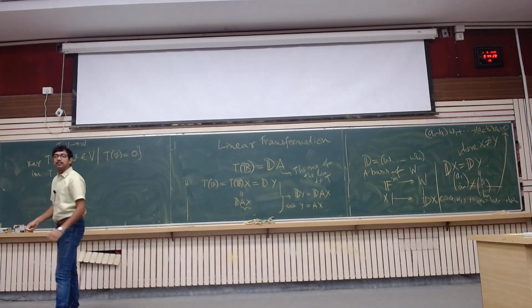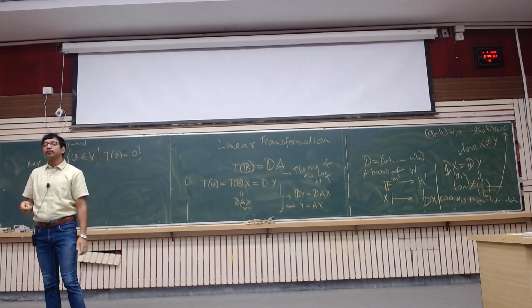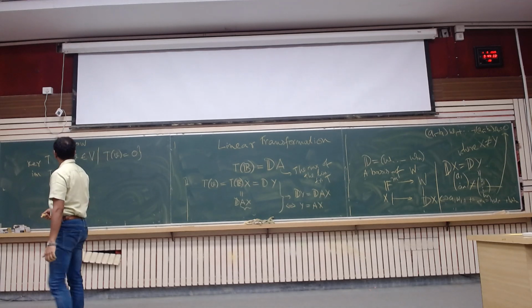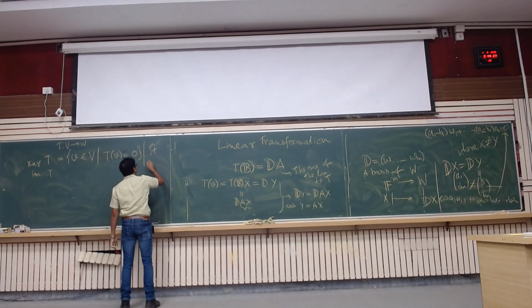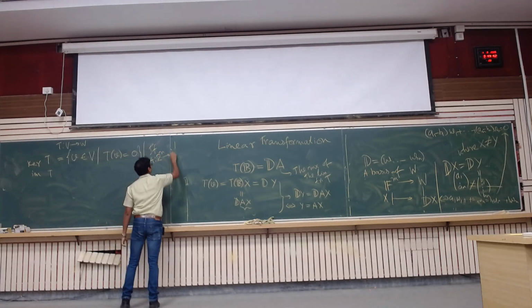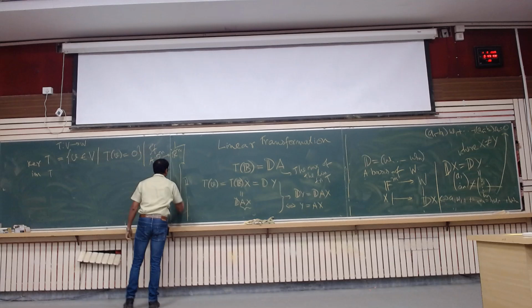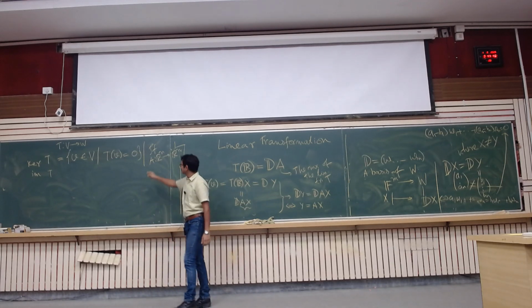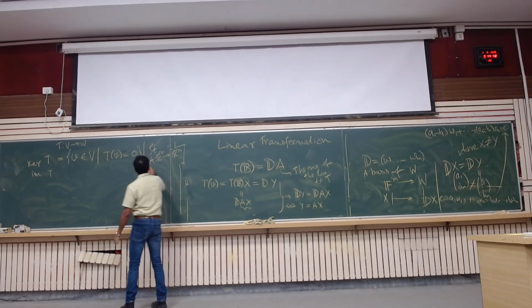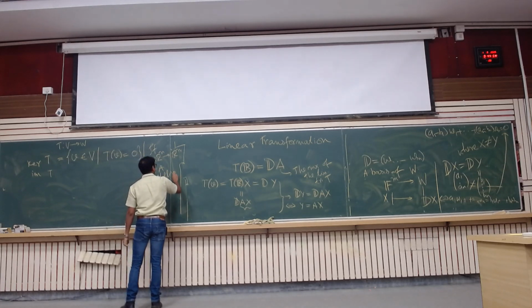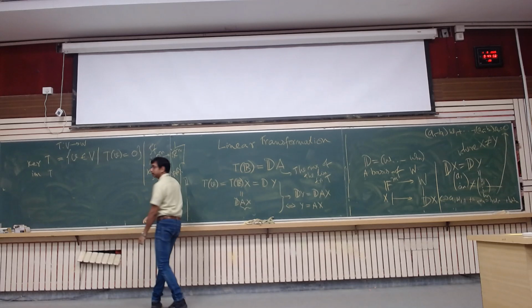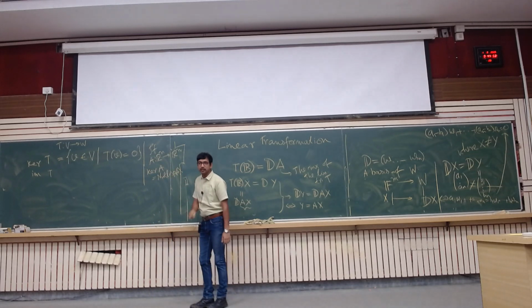So what is the difference between the kernel of T and the null space of T? Well, if A from Rn to Rm is giving you a map by left multiplication, A is a matrix, then indeed the kernel of A, this we call the null space of A. Null space we define for a matrix.